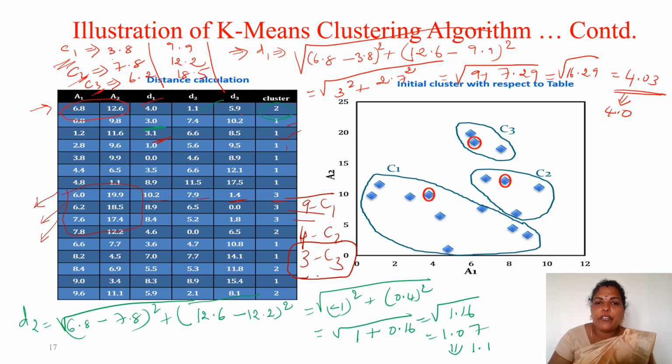To find the mean of C1, you collect all the records of cluster 1 and take the mean, those records divided by 9. For cluster 2, you consider the 4 records and find the mean. Let us see how to compute the mean for cluster 3.